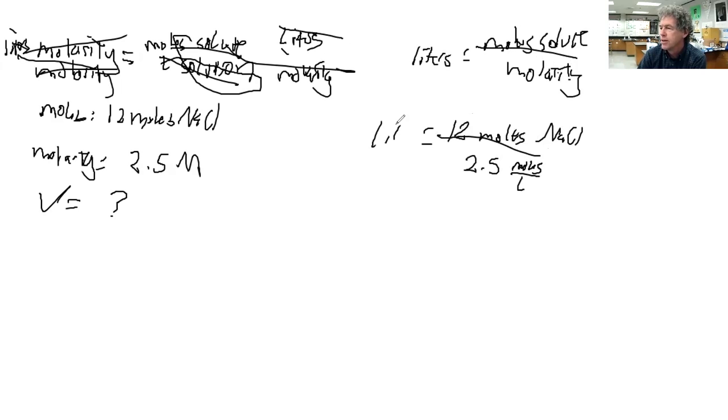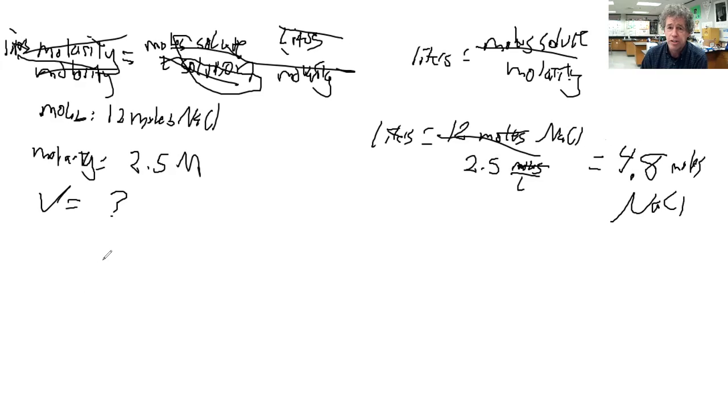Moles will cancel, and 12 divided by 2.5, I think, is 4.8 liters of NaCl. That's one way you can solve it.